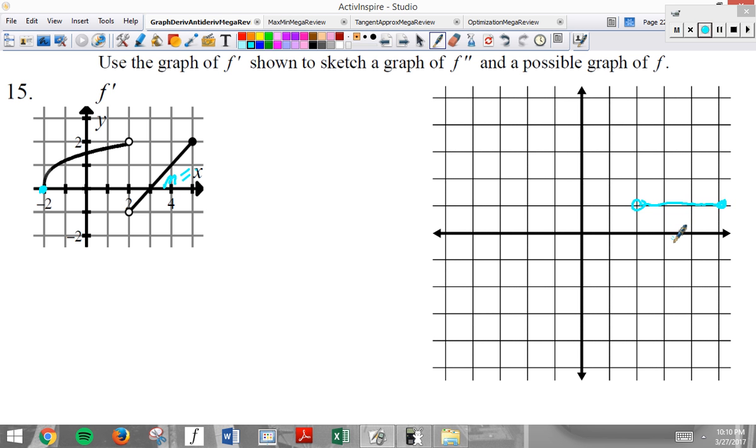And before that, we should have a slope that starts off infinitely steep and shallows out. But it's always positive. So something like this.